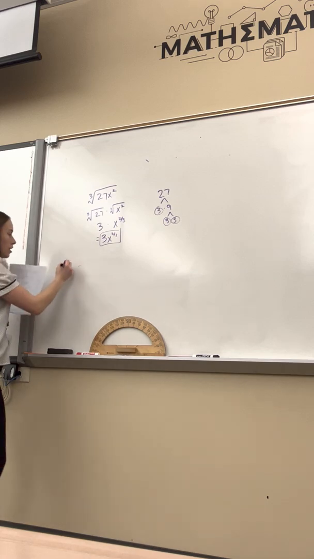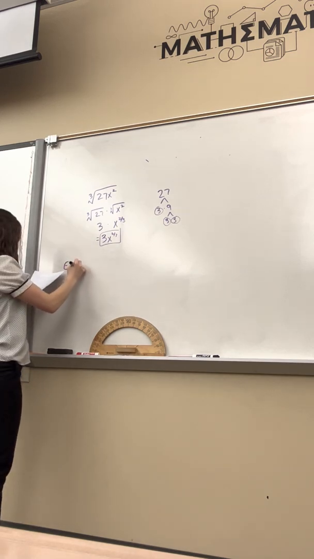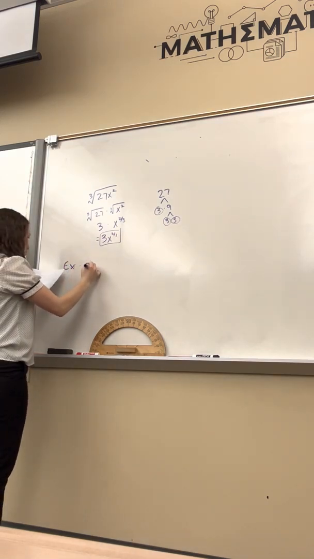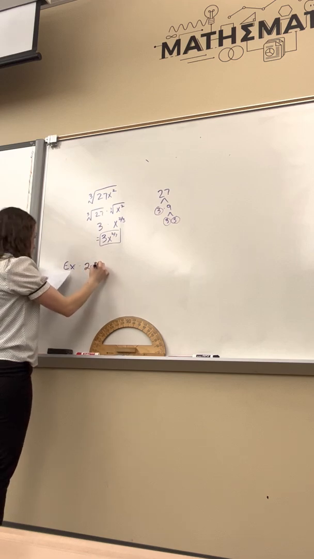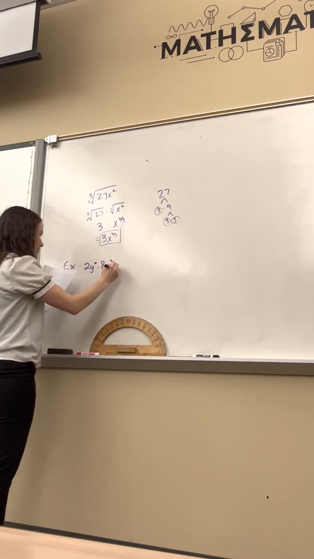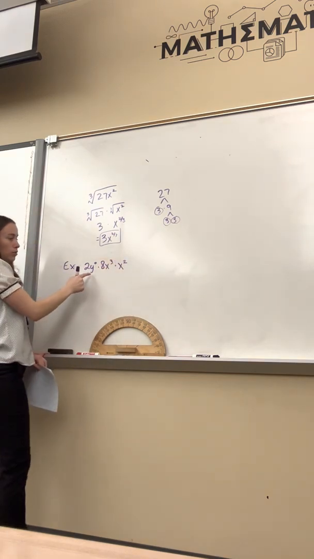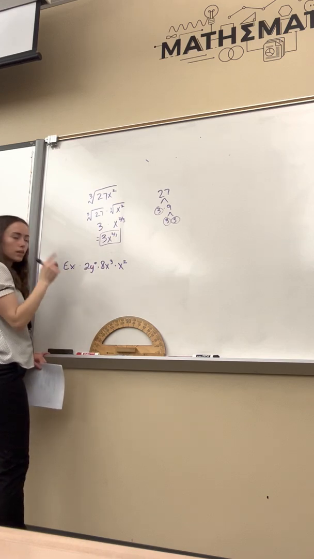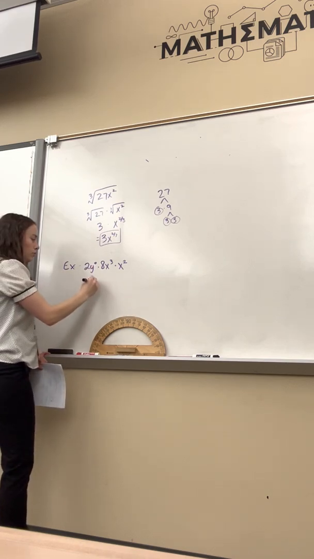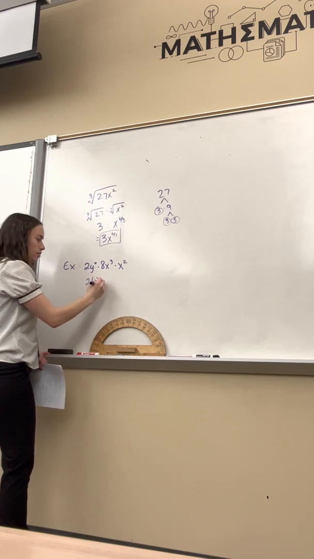Okay, our next example is 2y to the 0. And all of this we want to simplify. That's all we're doing here. Okay, so the first thing we know is y to the 0 power is 1, right? Because anything to the 0 is 1. So we're just going to take that out.